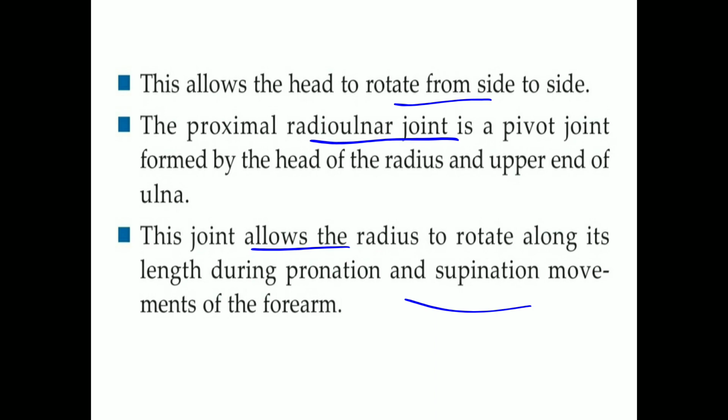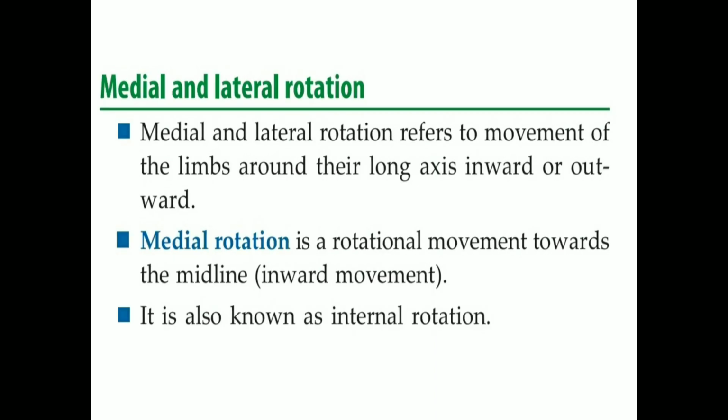Turning the palm of the hand from down to up is supination, and bringing the palm of the hand down is pronation. So this movement is possible only because of pivot movement, rotation taking place at the proximal radioulnar joint.